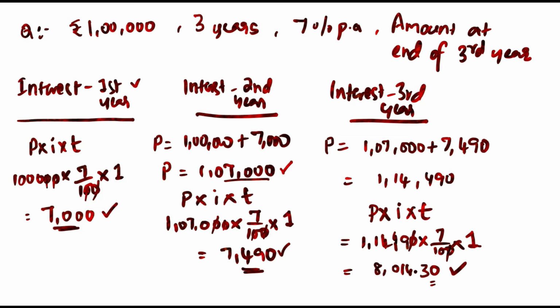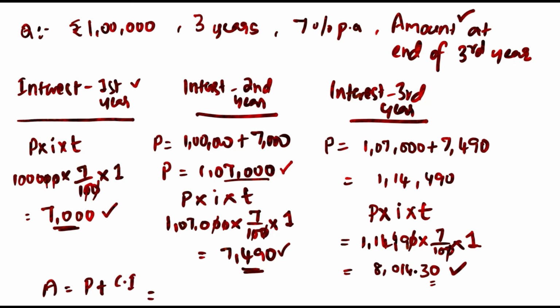Now our question is calculate the amount at the end of third year. So amount formula is you have to add the simple interest, it is compound interest to the principal. So first year interest plus second year interest plus third year interest plus compound interest.